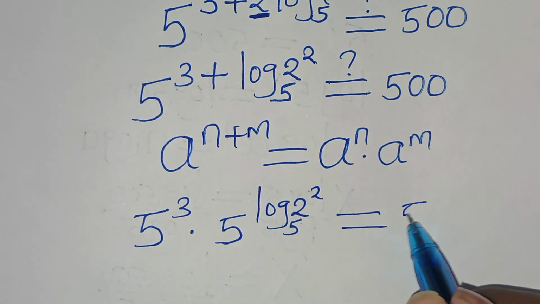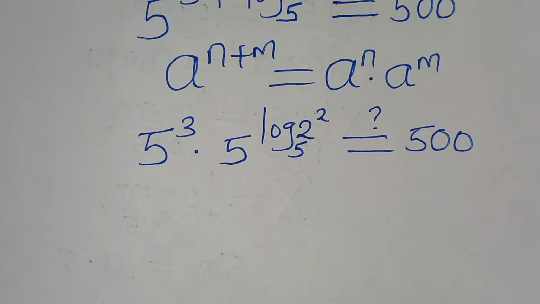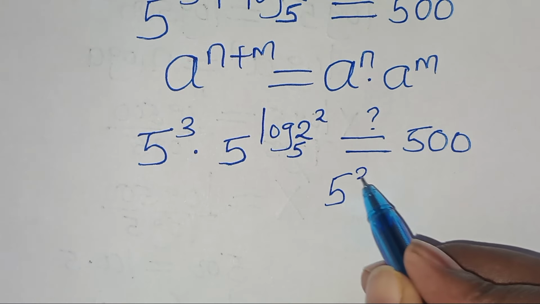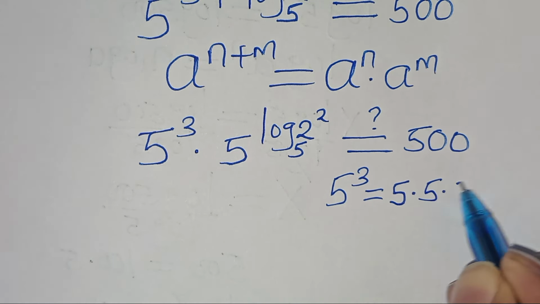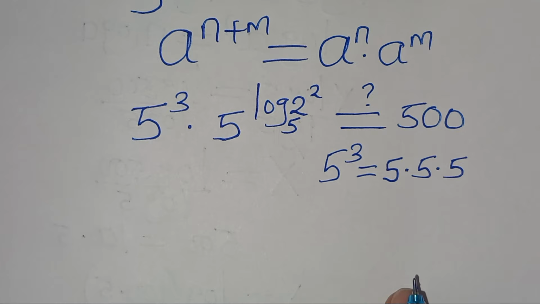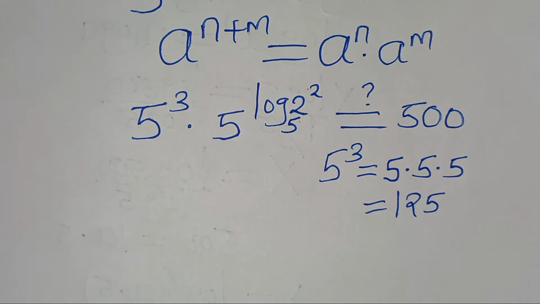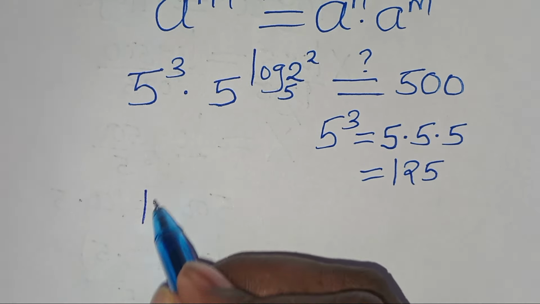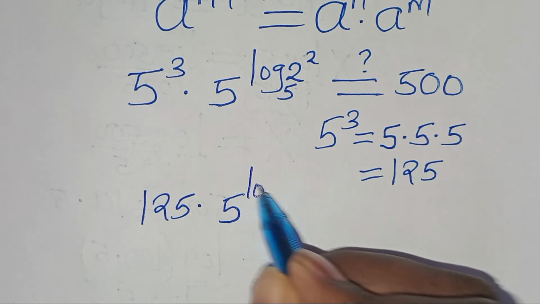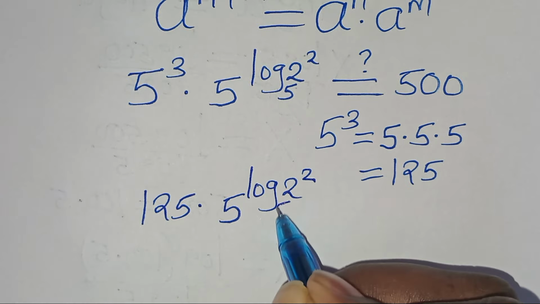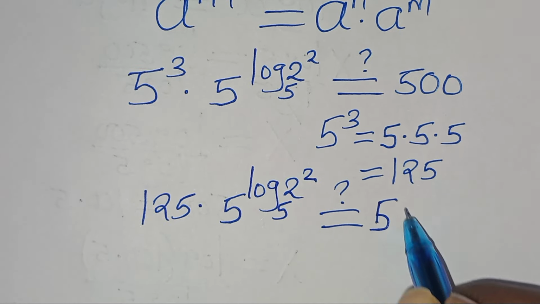This is supposed to give us a value of 500. The next step is that 5 to the power of 3 is the same thing as 5 times 5 times 5, and this is actually equal to 125. So here we have 125 times 5 to the power of log 2 to the power of 2 to base 5. This should give us a value of 500.